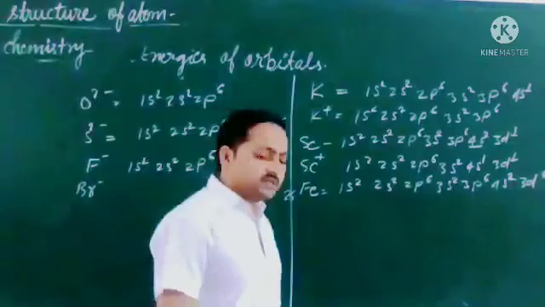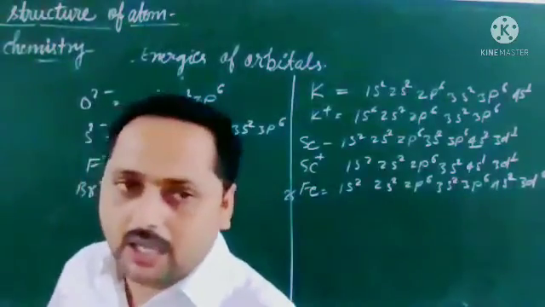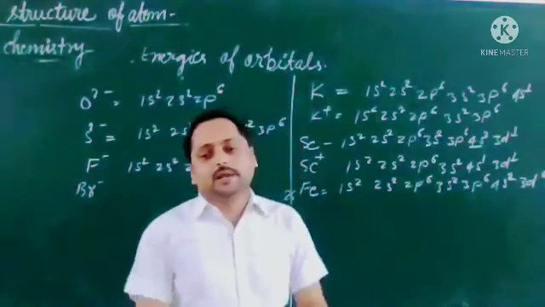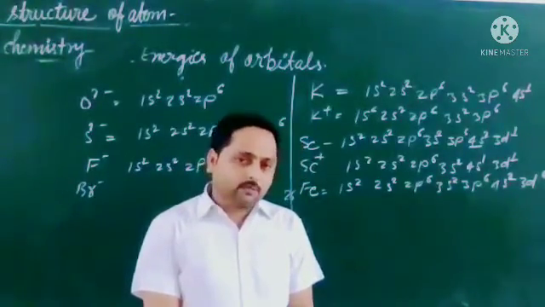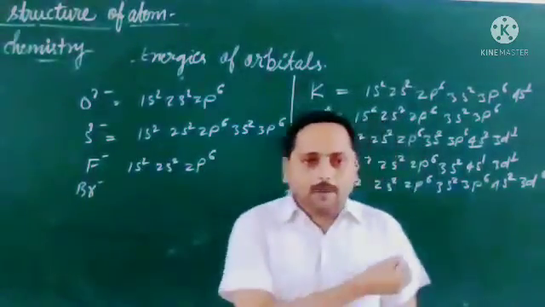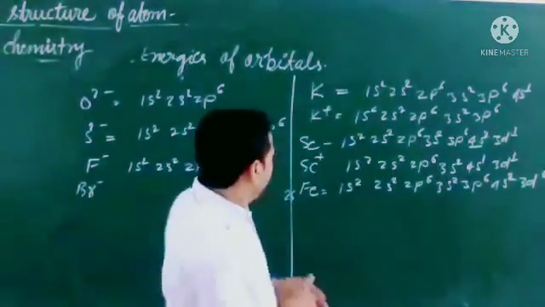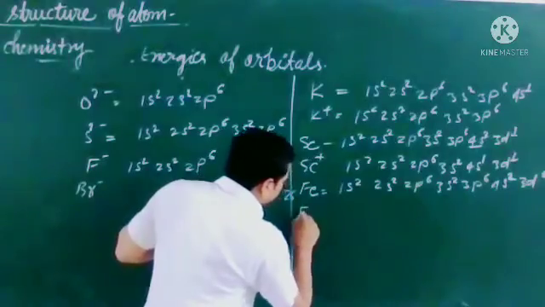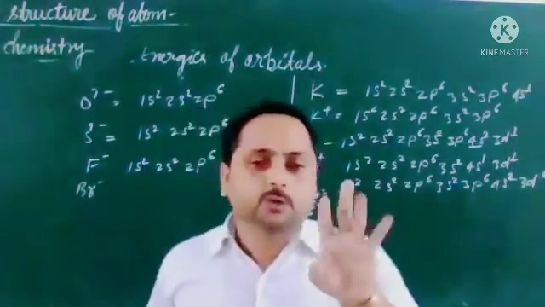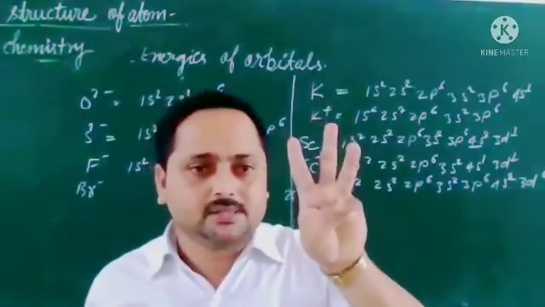Write the electronic configuration, and here you have to concentrate your mind. Now see, Fe3+ means we have to remove how many electrons?